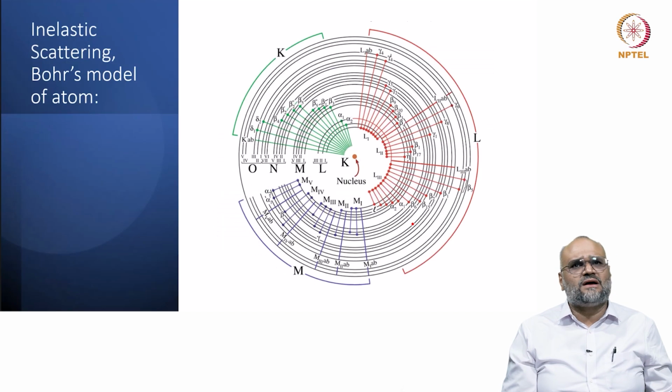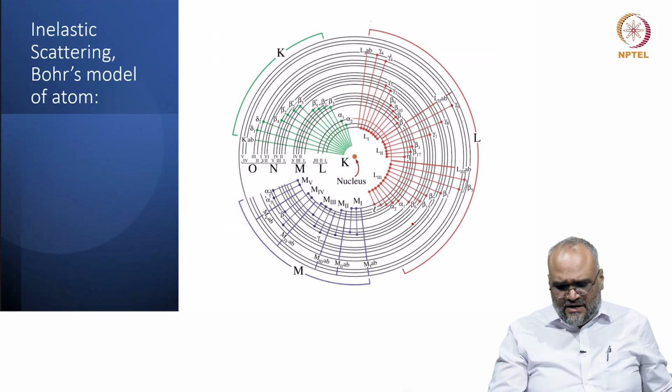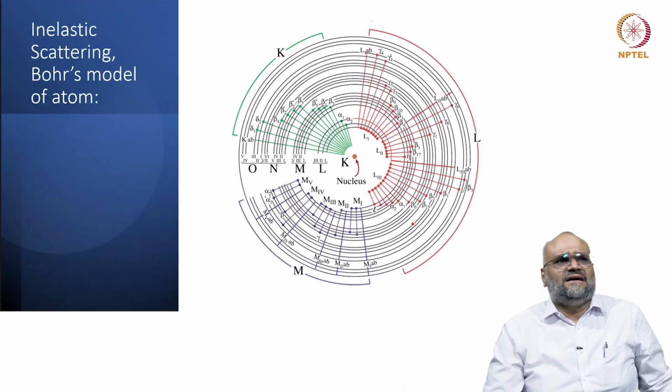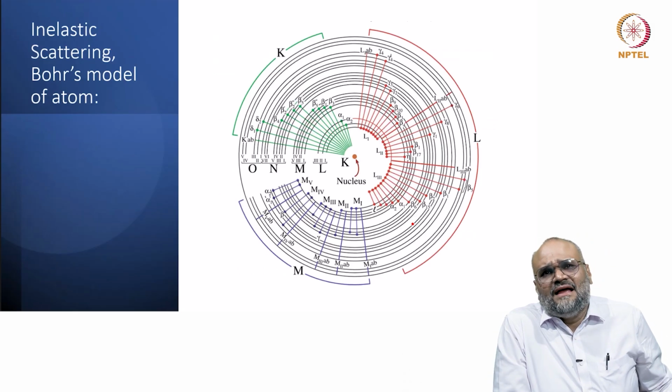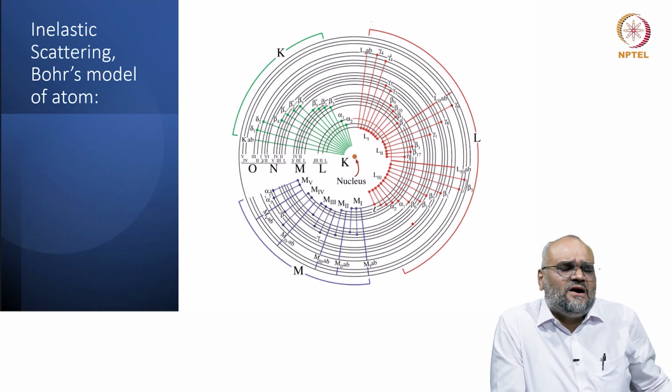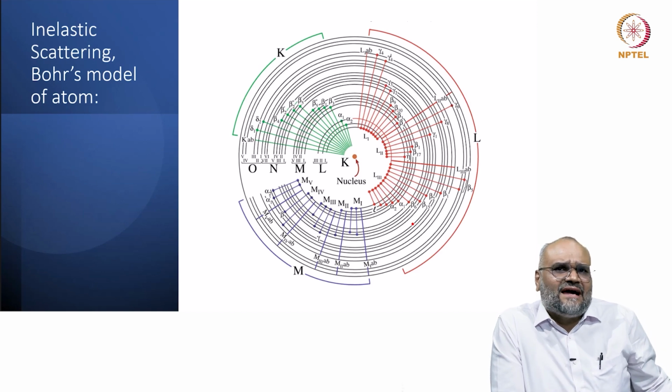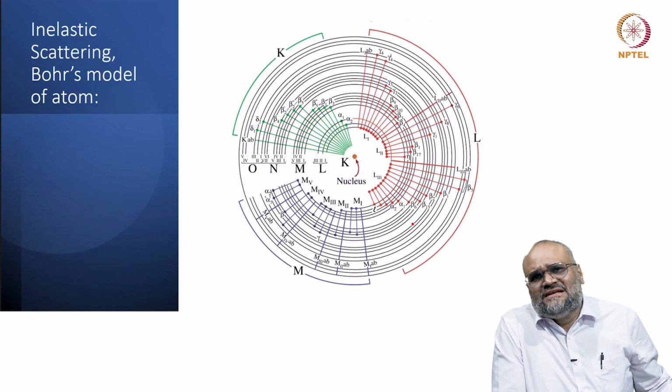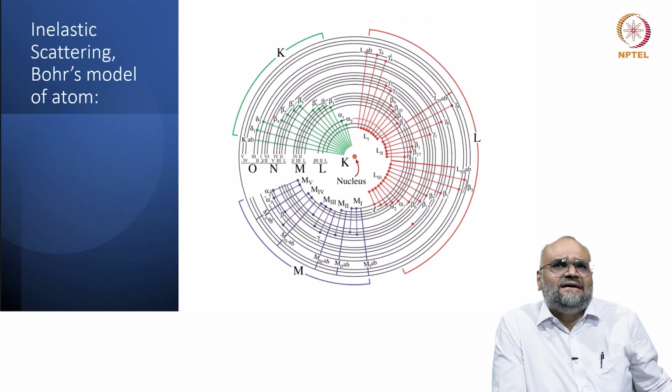And if I look at the Bohr's model of the atom, this is how the electron shells look like, and from the Rydberg constant and the Bohr's model, you can actually exactly calculate what are the energies associated with each of these transitions, and it is strongly dependent on the atomic number.